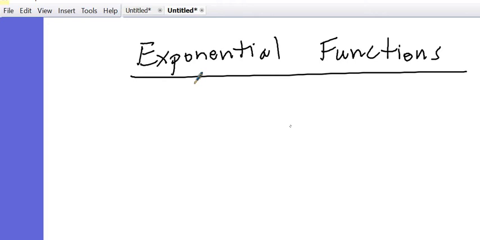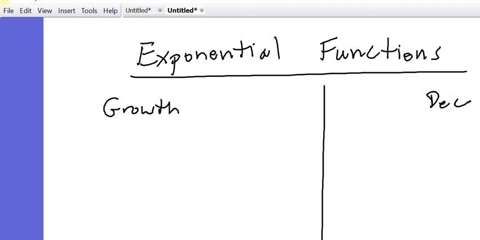Okay? So we're going to start by looking at the similarities and just the basic characteristics of these two types of exponential functions. So you've got your growth, and you've got your decay. We're going to focus on what we're going to use as our parent growth and decay functions.